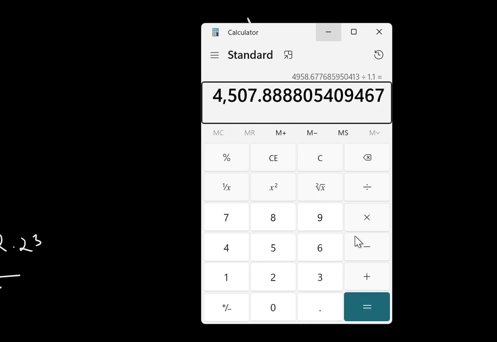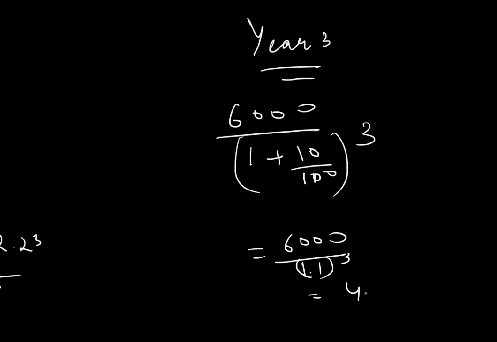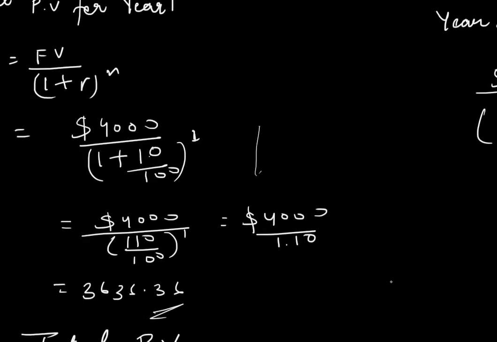So this is going to be your present value for the third year, which is 4507.89.